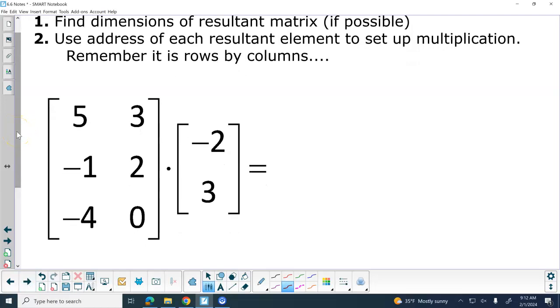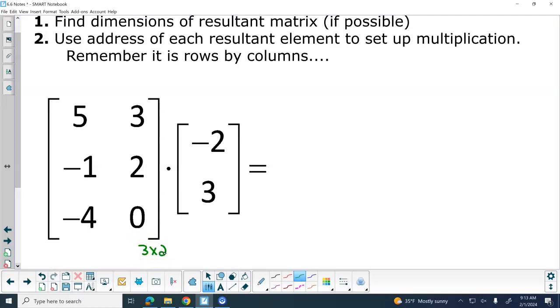So I'll give you a moment here to copy down these two matrices. So first thing is we've got to do a dimension check. What are the dimensions of this left matrix? 3 rows, 2 columns, 3 by 2, I would concur.